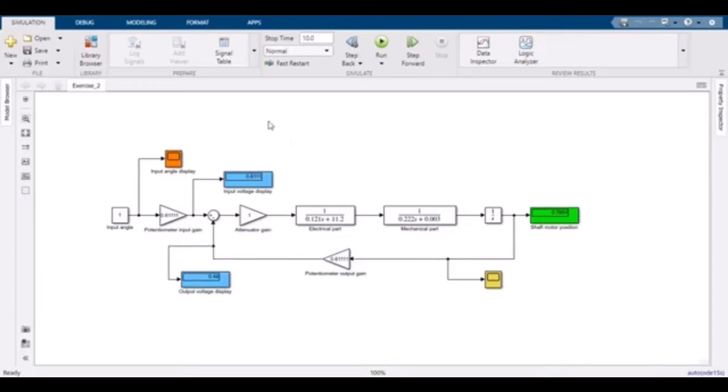Okay, now I'm going to increase the step-by-step value of the input angle from 0 to 10, and then set the attenuating gain to 0. And then we can observe the shaft motor position and the system.